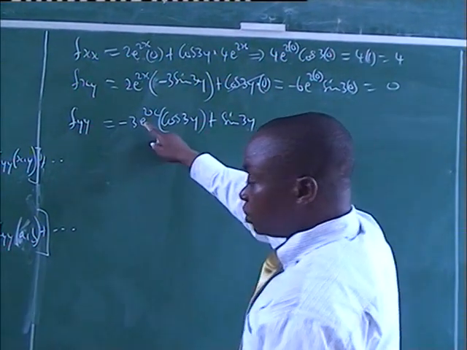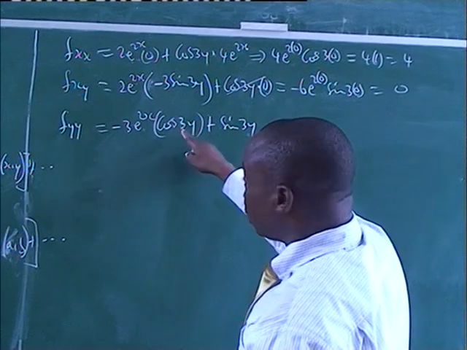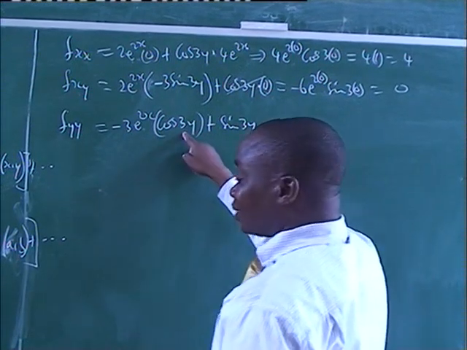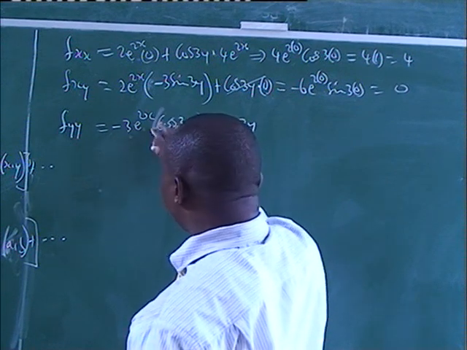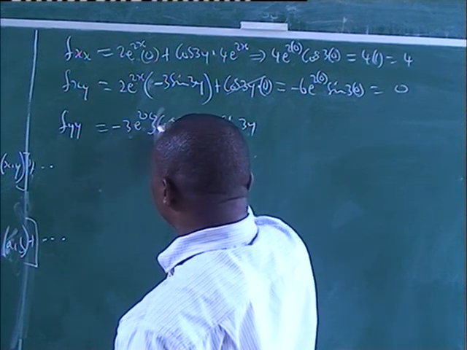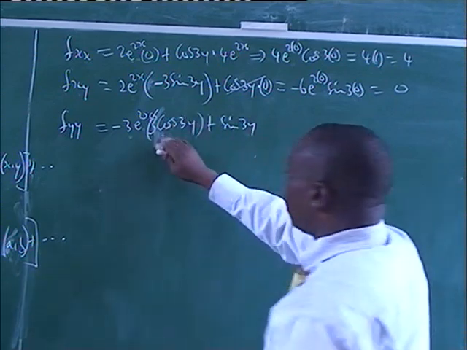You see, I keep the first one, I differentiate this, okay, here will give me 3. I keep 3, so I will have this 3. This is 3 cos 3y.